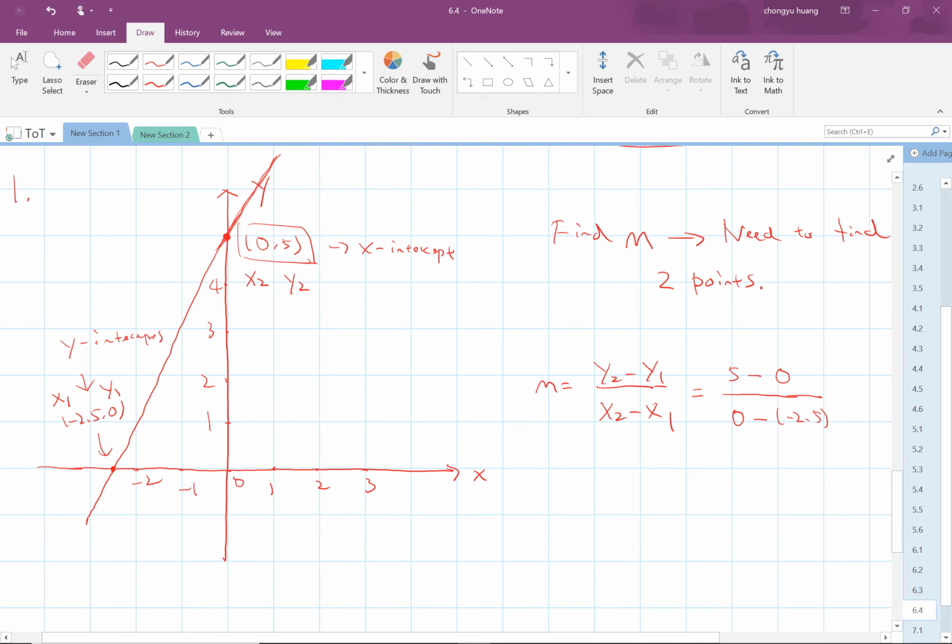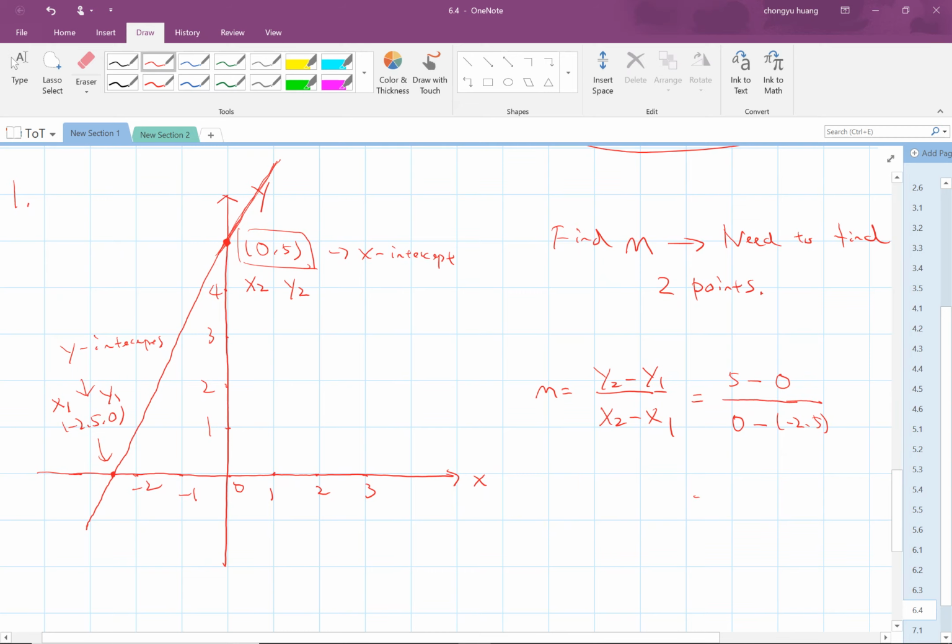Okay, let me move it down a little bit. 5 minus 0 is equal to 5. 0 minus -2.5 is actually positive 2.5, right? And then the solution will be 2, right? So the solution for this graphic, the slope is actually equal to 2.